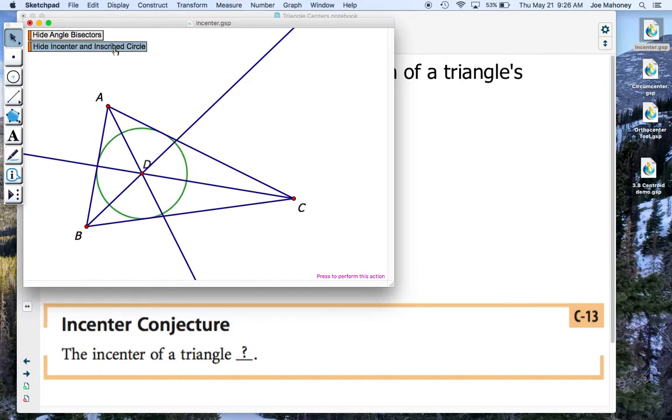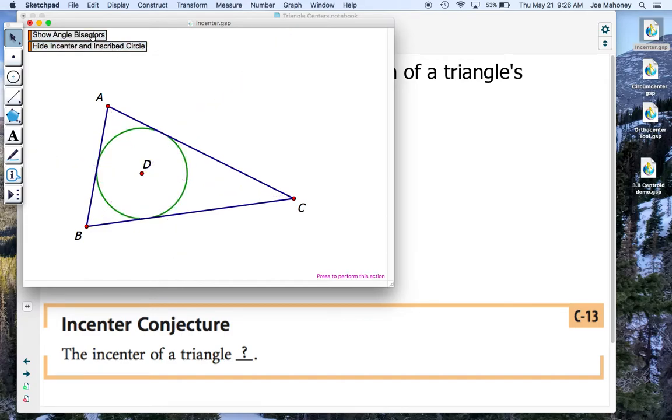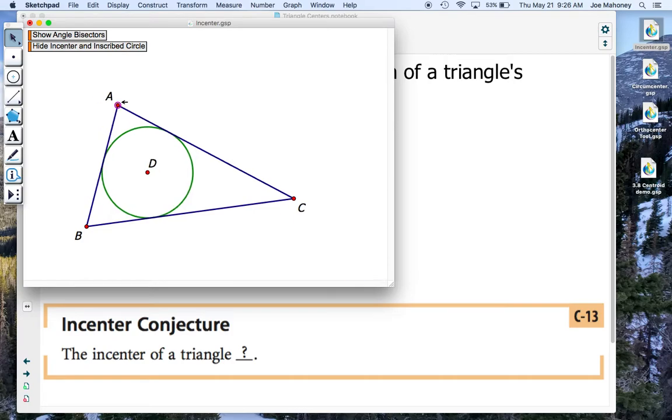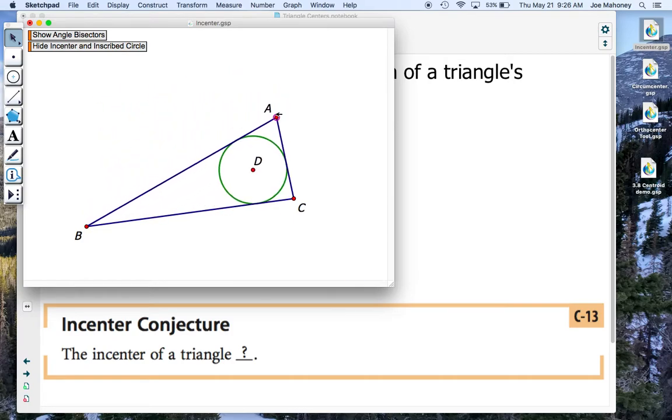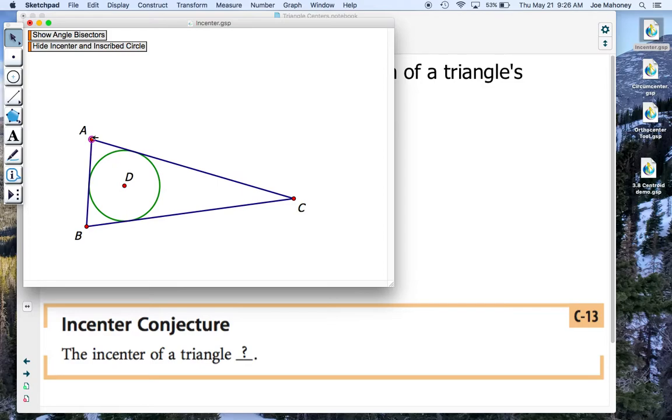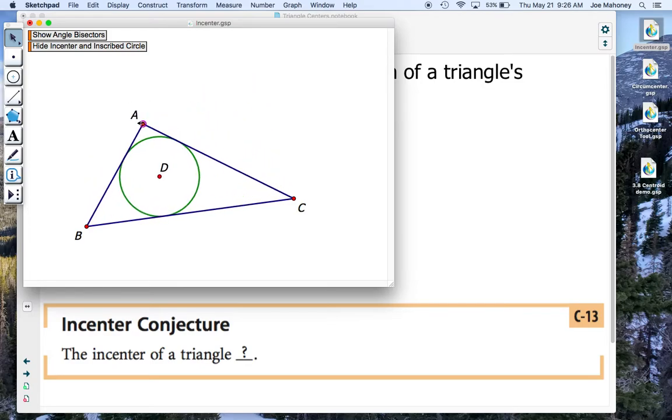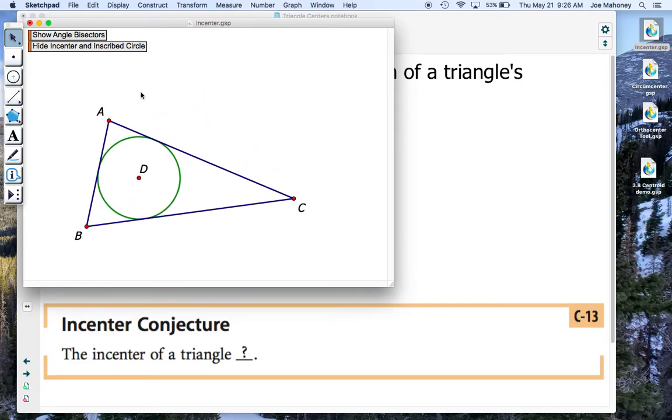So here's my incenter. The reason why it's called an incenter is that it's the center of what we call the inscribed circle. A circle that's inscribed in a triangle is inside the triangle and touching all three sides of the triangle. So maybe I'll take a screenshot of that.